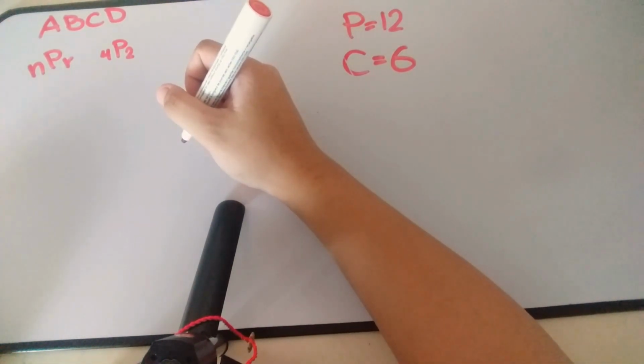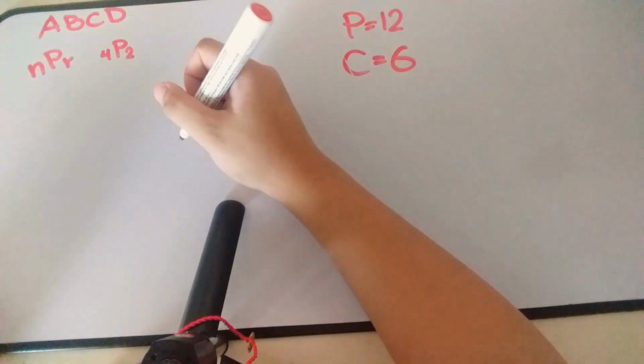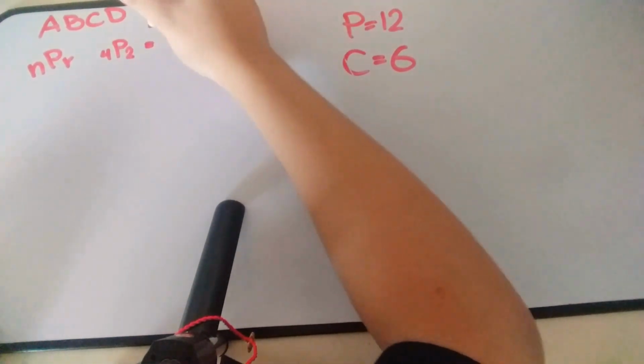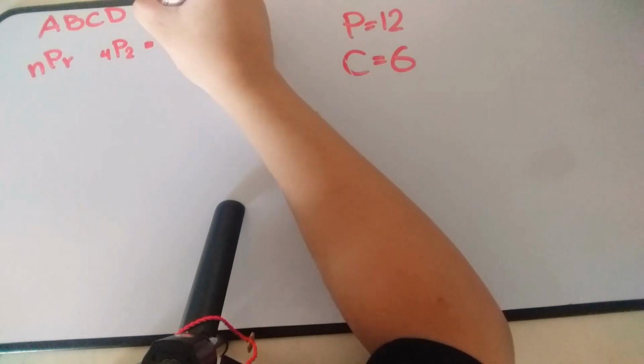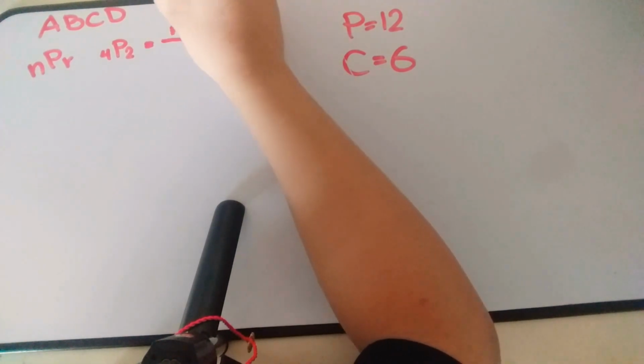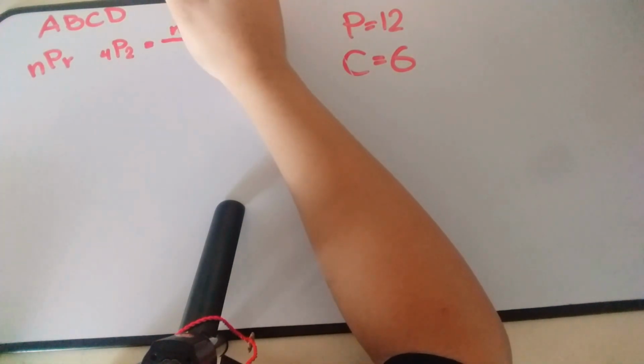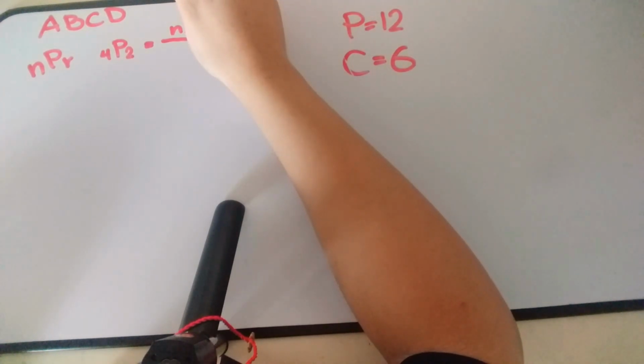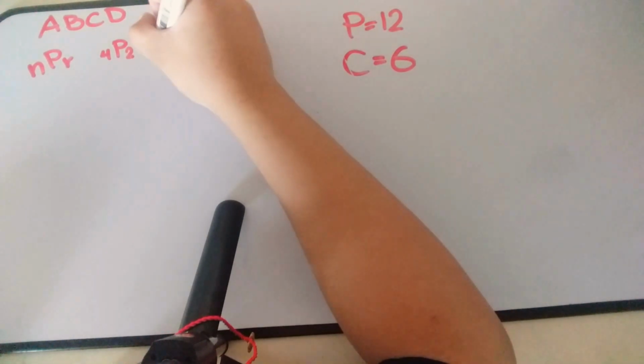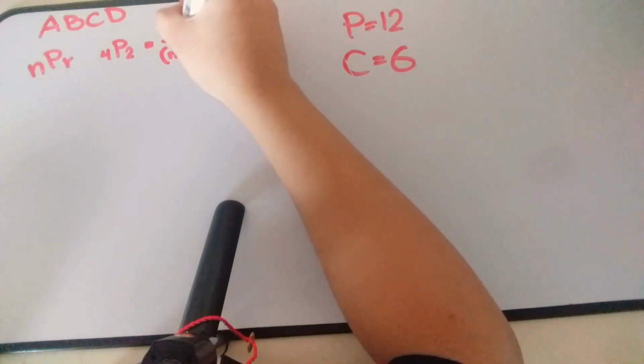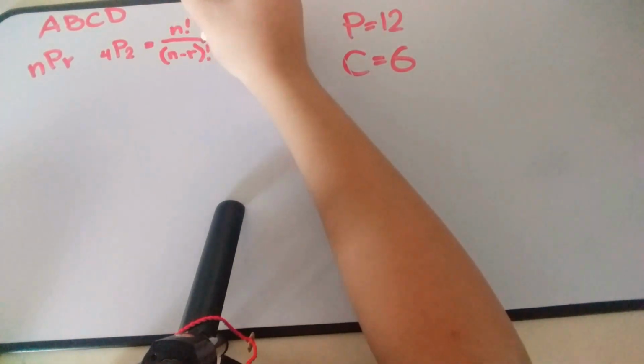Now the equation nPr is equal to n factorial divided by n minus r factorial.